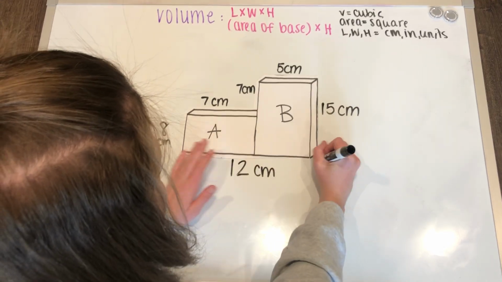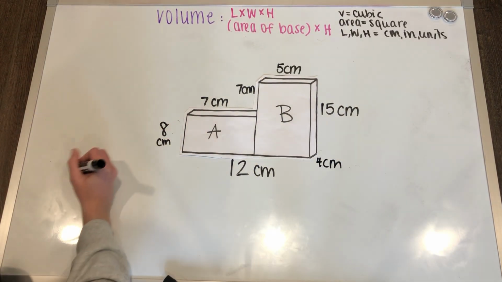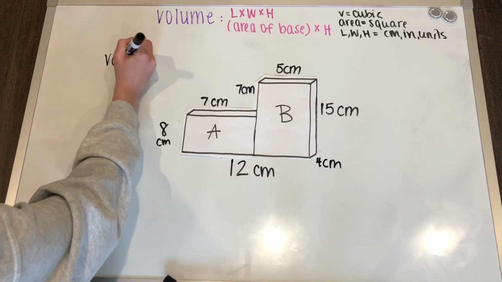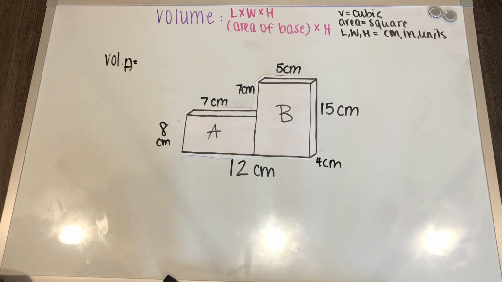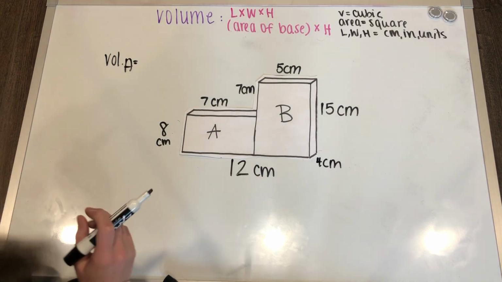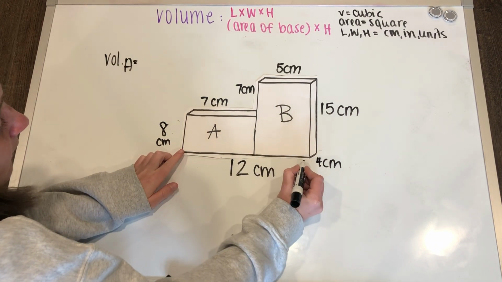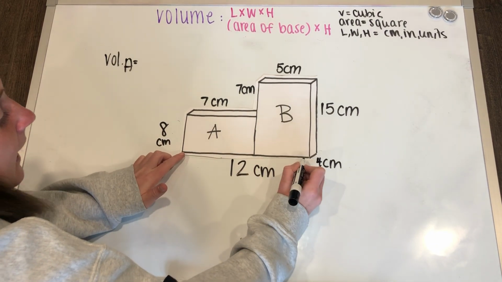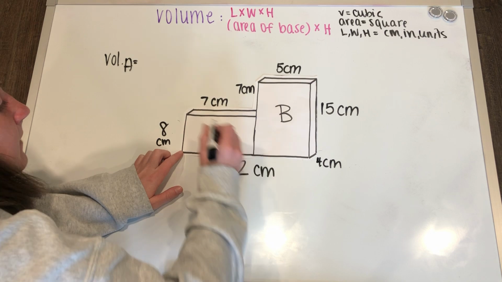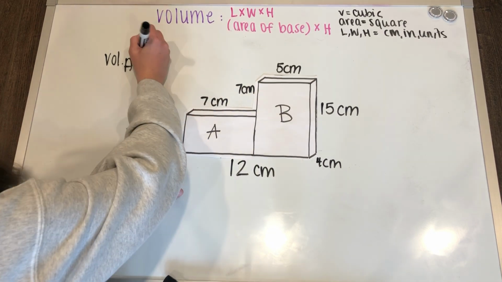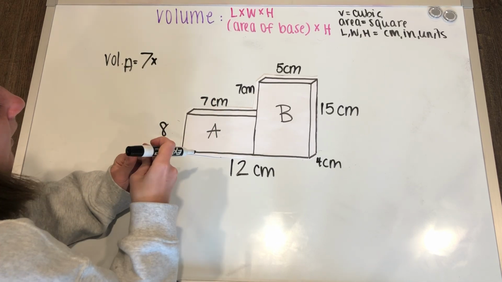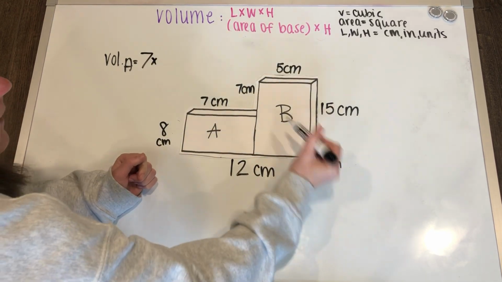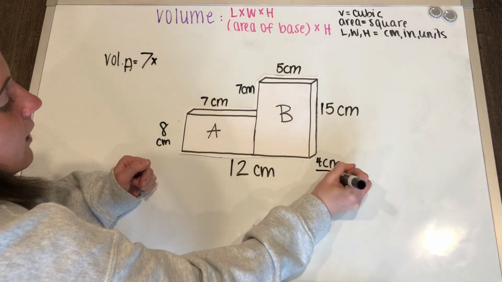Okay. So let's find the volume now of prism A. There's a lot of numbers here, so we have to really decide what matters for prism A. Well, how long is prism A? Is it 12? No, because 12 is the entire length. So what must be this length? It's 7. The width, we're not given over here, but we do know that the width of the entire prism is the same, and the width over here is 4.